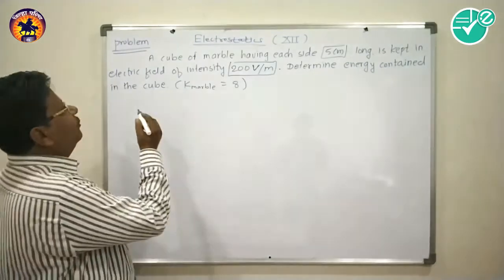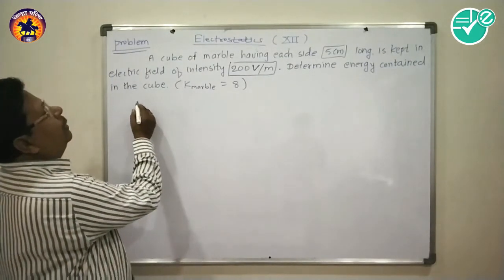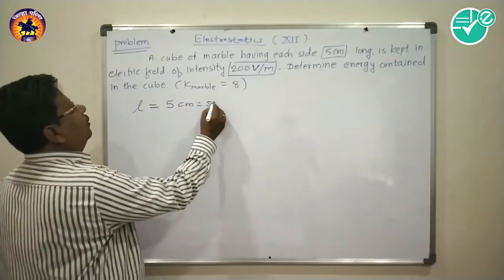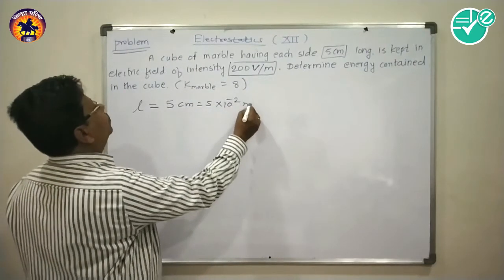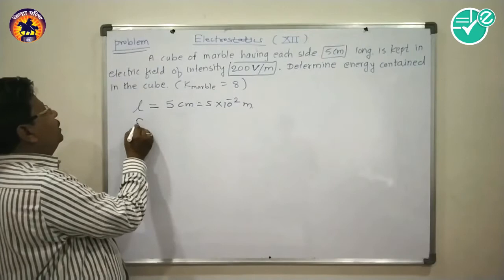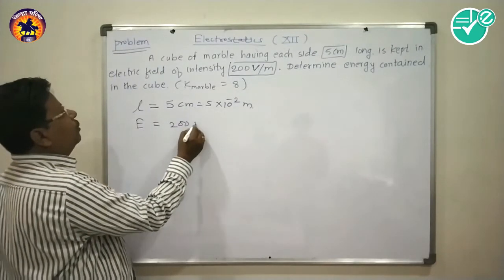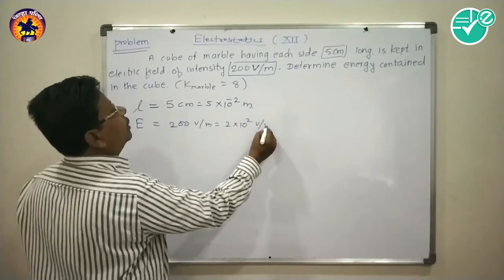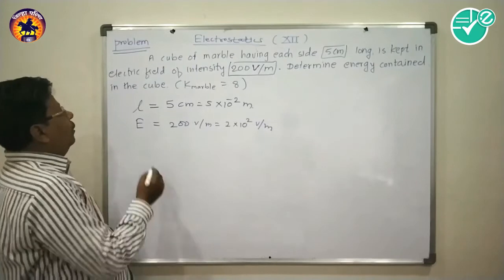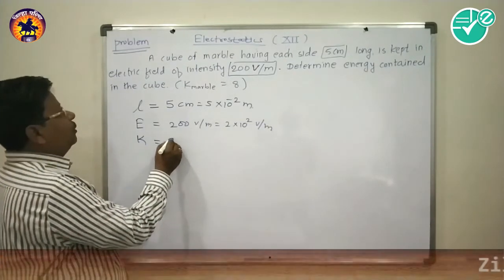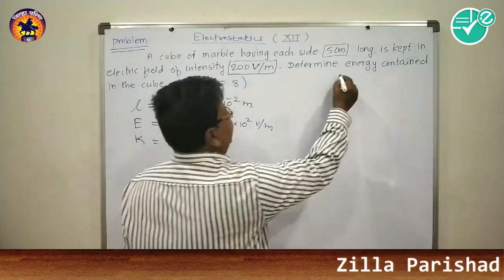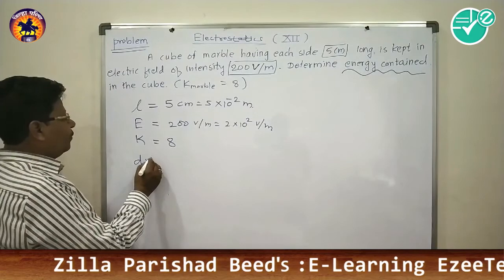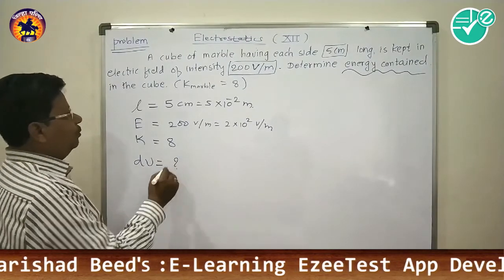In this problem we have been given the length of the cube, which is 5 centimeter, 5 into 10 to the power minus 2 meter. Again intensity is provided, 200 volt per meter, which is 2 into 10 to the power 2 volt per meter, and K is given, which is equal to 8, and we have to find the energy contained, that means dU or U, which is equal to what?